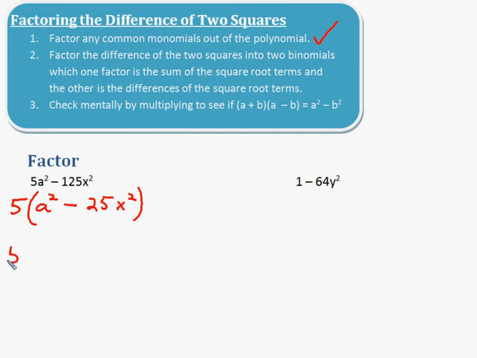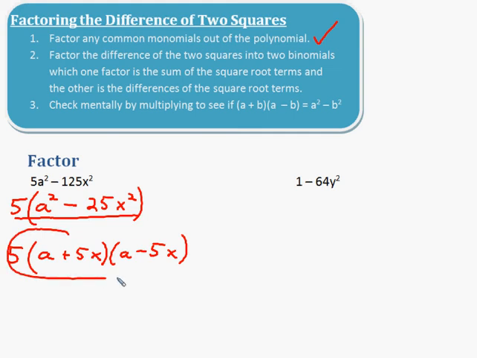We still have our 5 here, that's still a factor, but then we notice that this fits our special form, perfect square minus a perfect square, so this is a difference of squares, and so this is a plus 5x times a minus 5x, and that's factored completely. We don't want to just stop with this first thing that we wrote. We want to factor it completely, and this would be our answer.